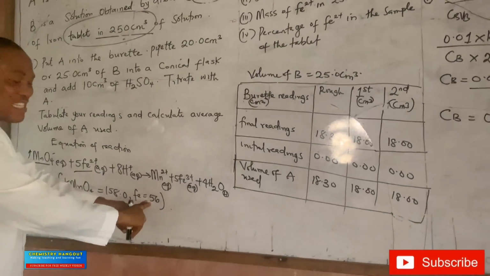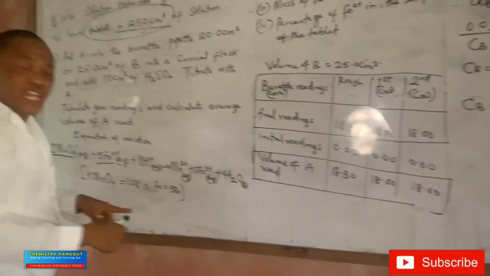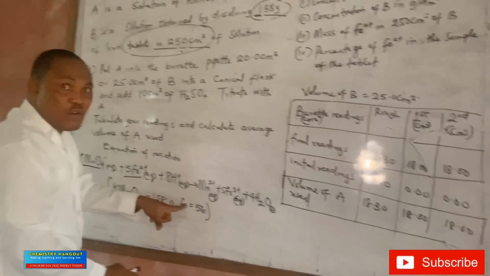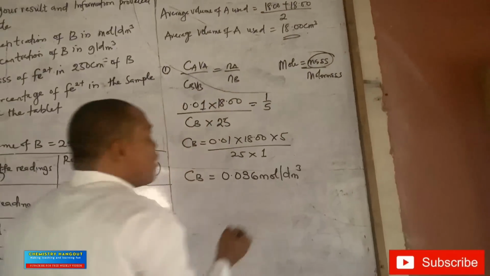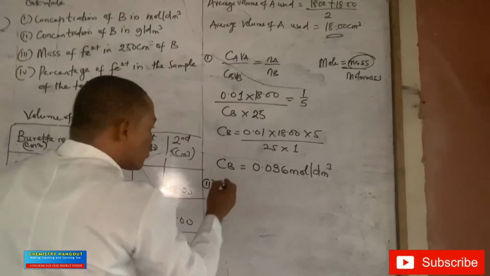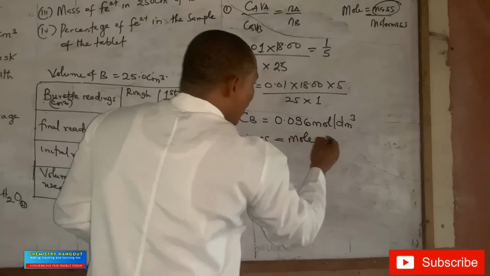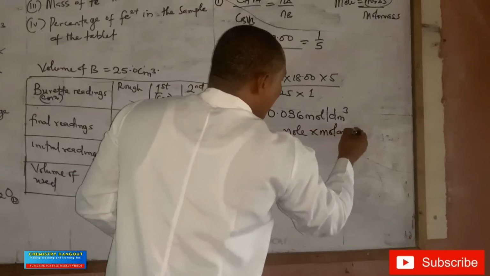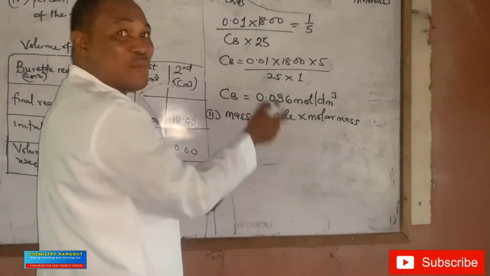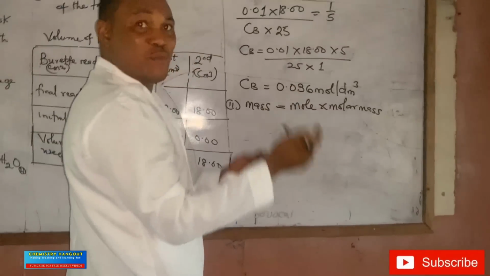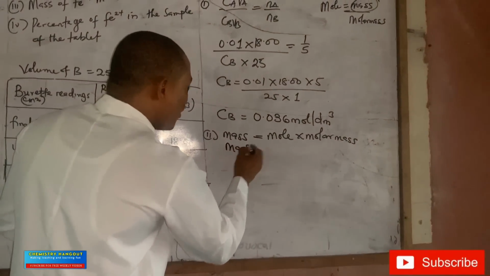They did not give you the molar mass of the solution, only the molar mass of iron. So, Roman figure 2: the mass concentration is equal to mole times molar mass. Some people will write it as mass concentration in gram per dm cube equals mole concentration in mole per dm cube times gram per mole. You are still saying the same thing. So our mass is now going to be, what is our mole?